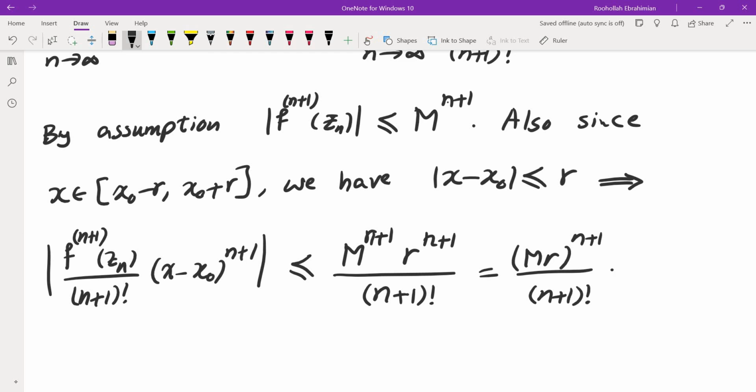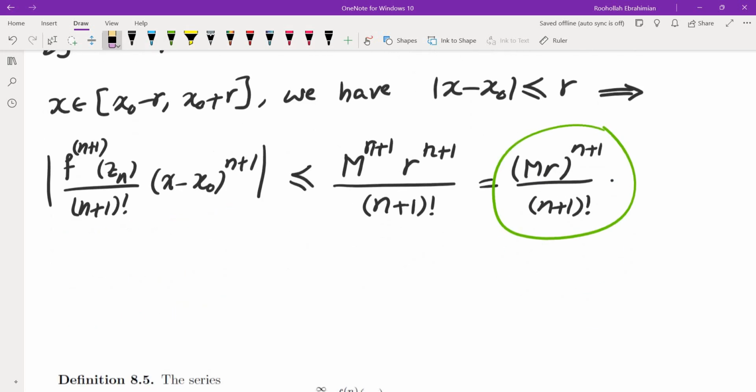Okay, if I show that the right hand side approaches 0, then I would be done. Then this would be 0 by the comparison lemma.